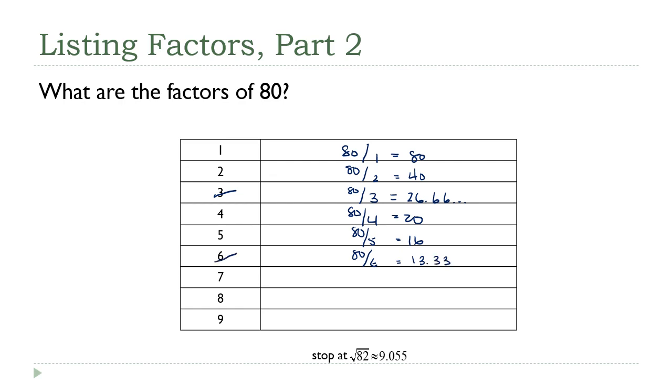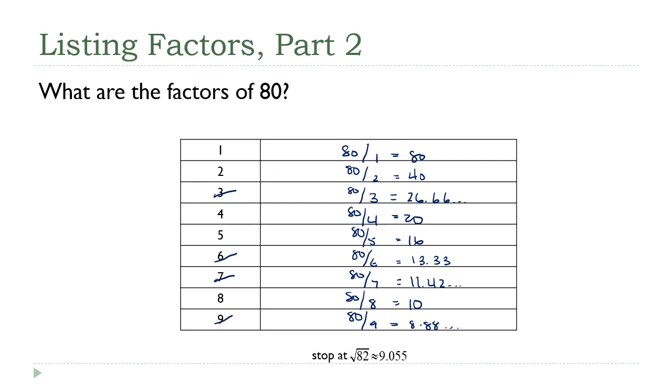That's out of the running. 80 divided by 7 is 11.42 something, not an integer. 80 divided by 8 is 10. And finally, 80 divided by 9 is, let's see, it's going to be 8.88 repeating, also not an integer.